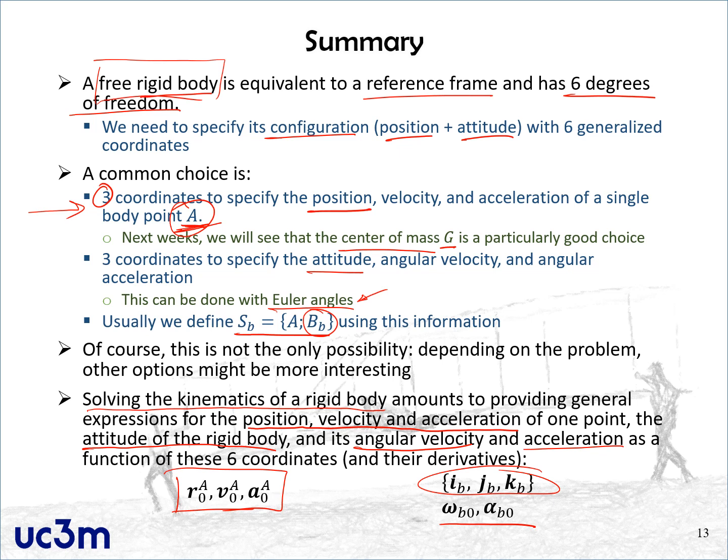So this is in essence what we are looking for. We have to write down all these vectors as a function of only those 6 coordinates that we have selected, 3 coordinates for one point and 3 Euler angles, for example, and of course their derivatives.